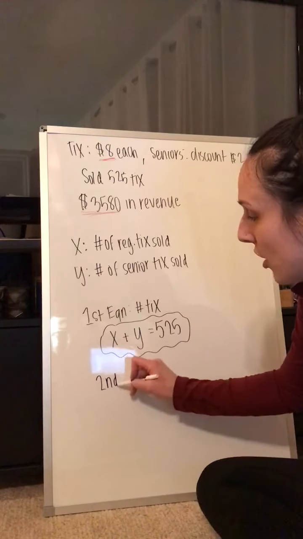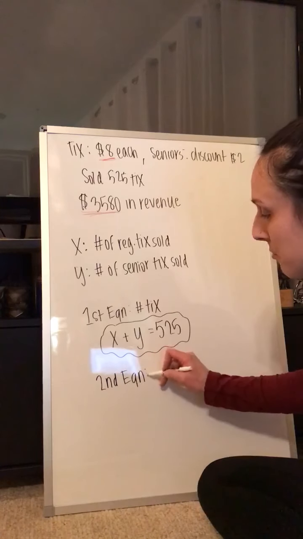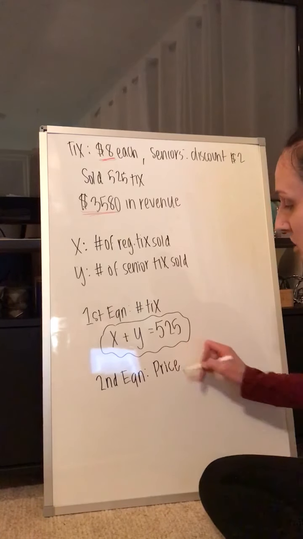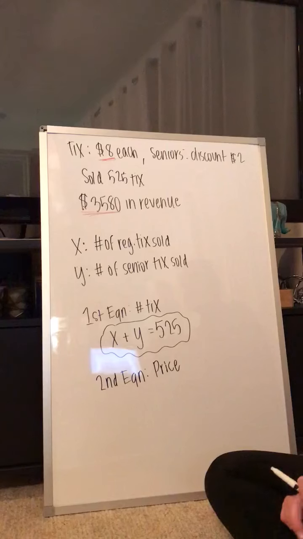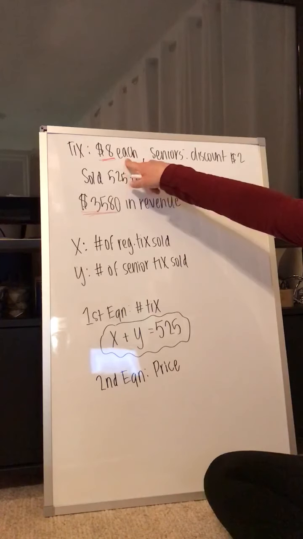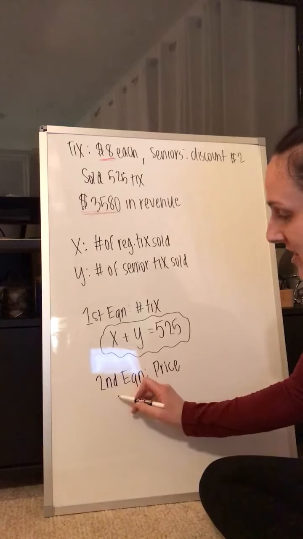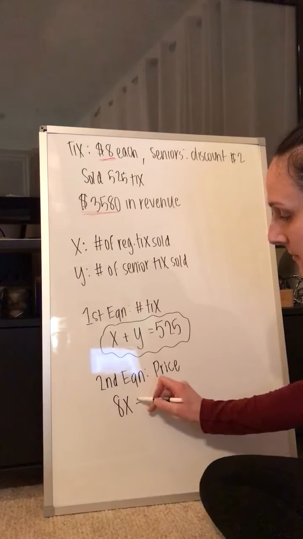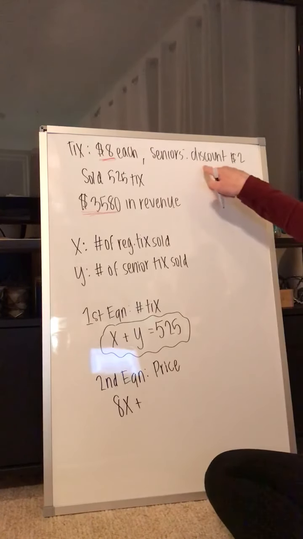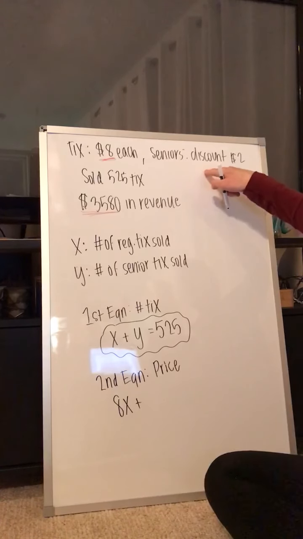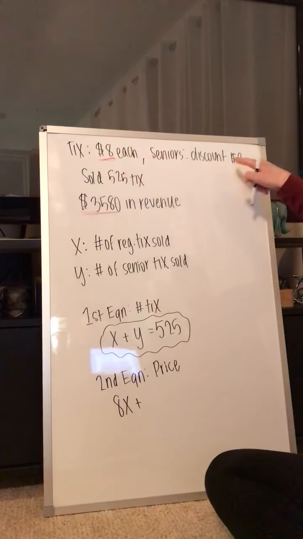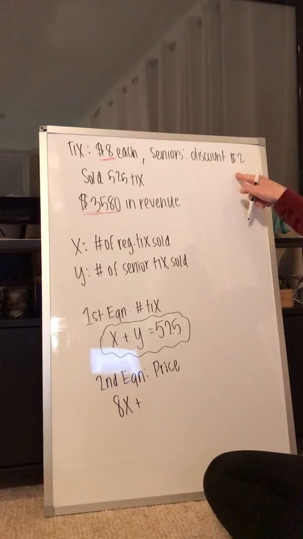My second equation is going to be representing the price, because I have information on prices, and it's telling me that the regular price tickets are $8 each. So that's going to go with my X variable. I'm going to write that as 8X. And then I need to take into account the senior tickets. If I'm selling my regular tickets at $8 each and my seniors are receiving a discount of $2, that must mean that the senior tickets are $6 each.